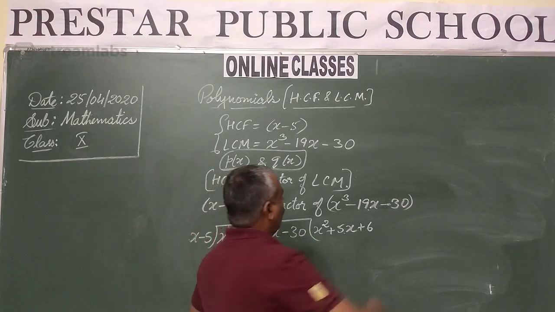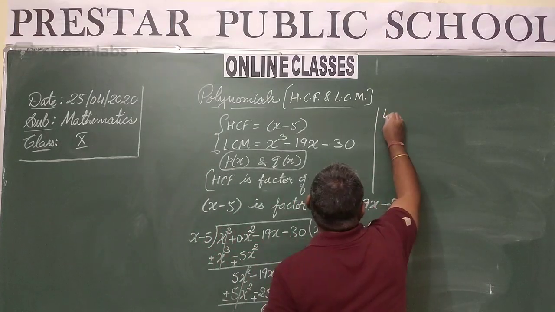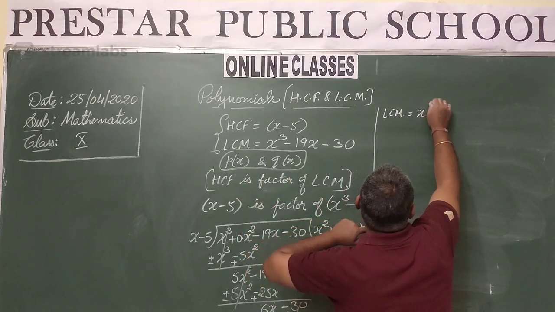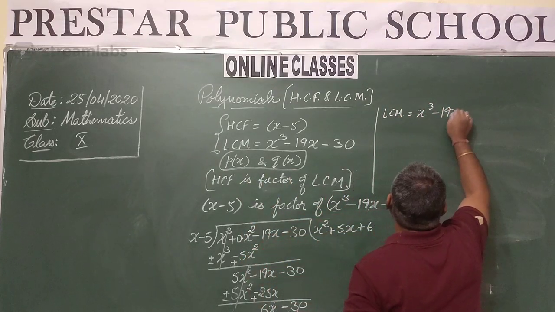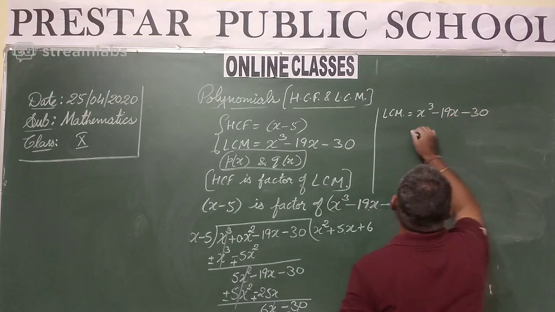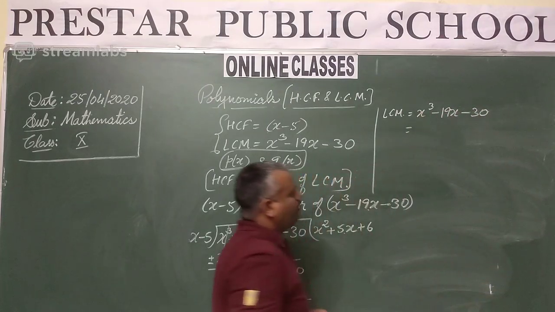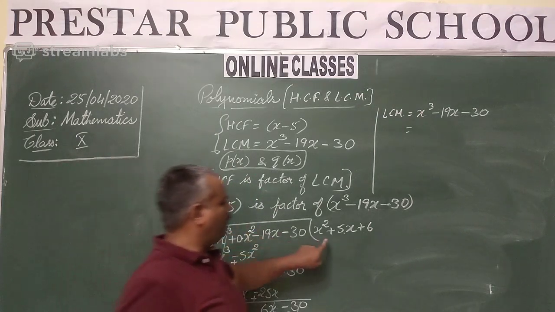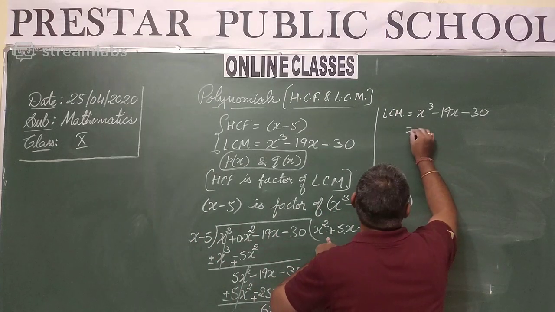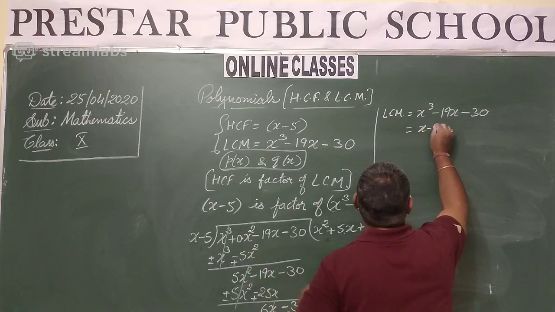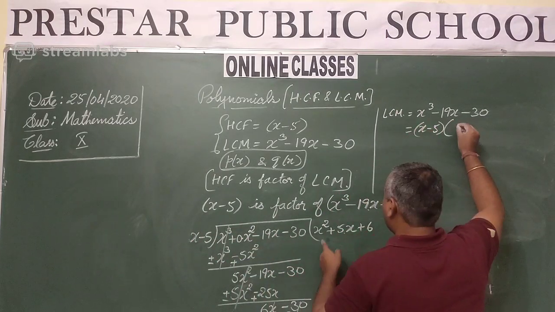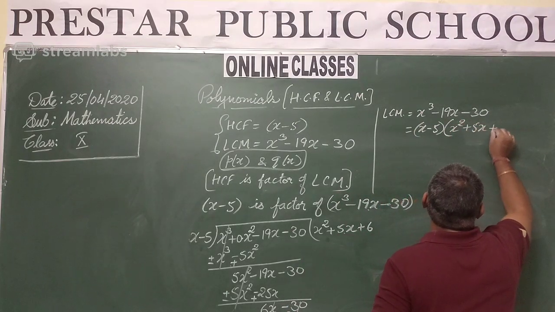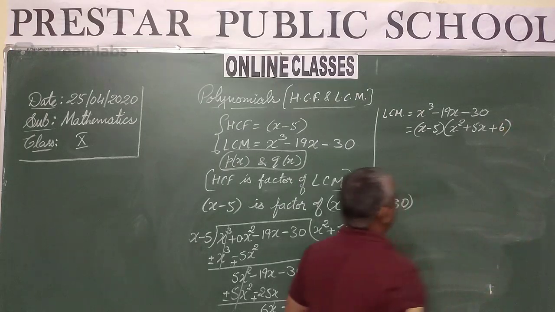So the LCM which we have, x cubed minus 19x minus 30, has been factorized into two factors. One is x minus 5 and the second one is x squared plus 5x plus 6. So x minus 5 multiplied by x squared plus 5x plus 6.